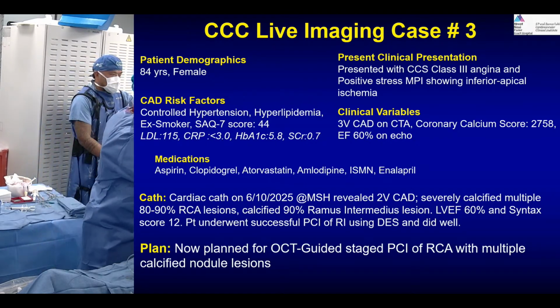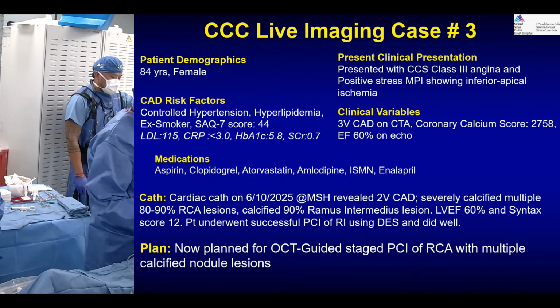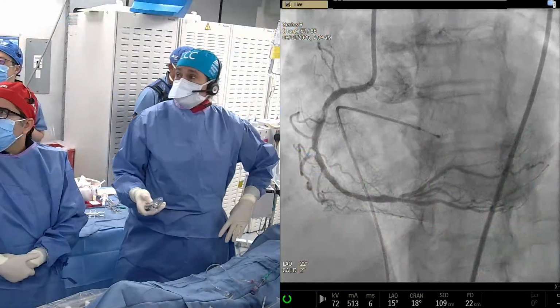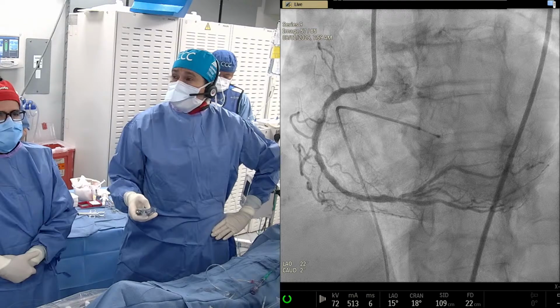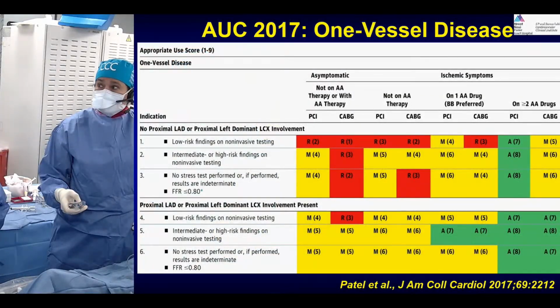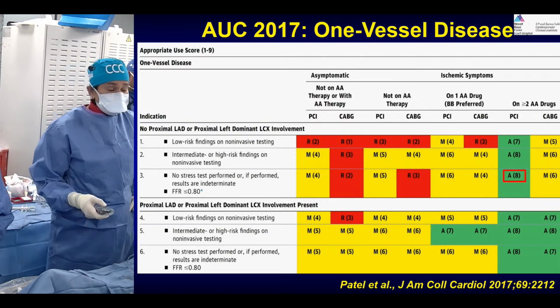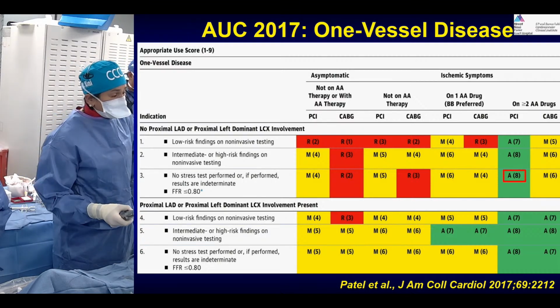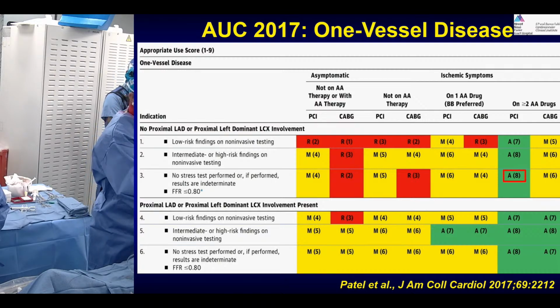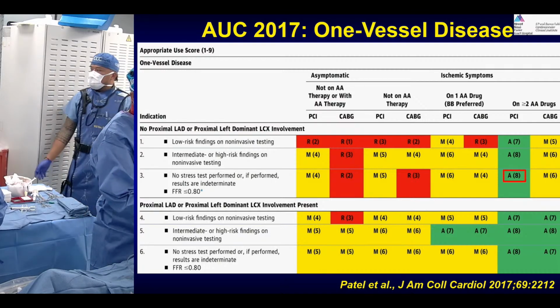Going to the appropriateness criteria, based on her symptoms and the fact that she was on 2 medications, the case becomes appropriate for PCI. So now let's go back to the angiogram.